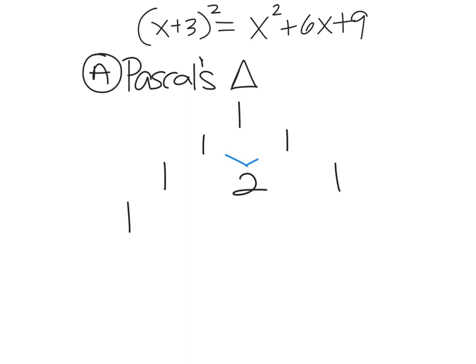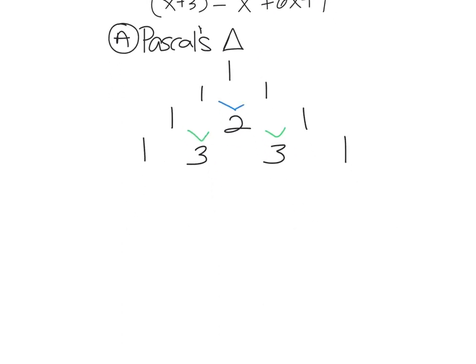Then you have a 1, and you add those numbers up. 1 and 2 make 3. 2 and 1 makes 3. And then a 1 on the end. Do you see what we're doing here? The next one would be 1. 3 and 1 make 4. 3 plus 3 is 6. 3 and 1 is 4. And then 1. And you can just keep going as far as you want.